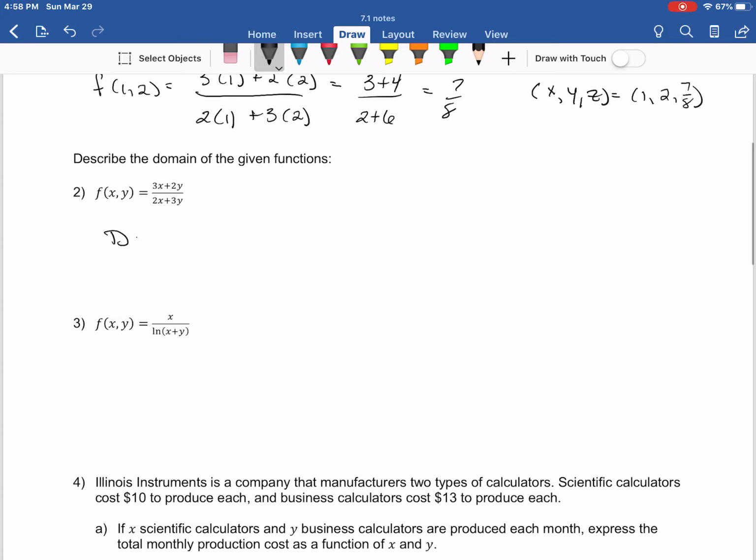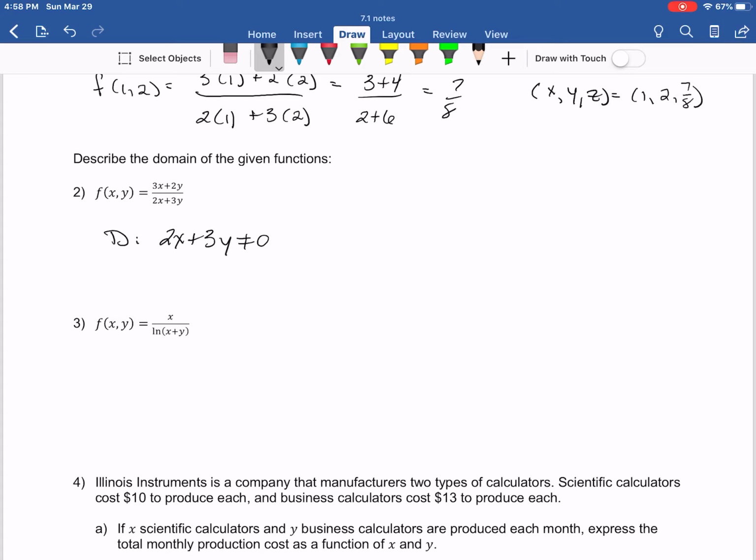So when we're discussing the domain, we can simply say that 2x plus 3y is not equal to 0. That's going to be sufficient to answer your exercises in Connect Math. That's what it's going to want you to type in. 2x plus 3y cannot equal 0. That's the denominator. Anything else is okay. So that's exactly what you're going to type in.